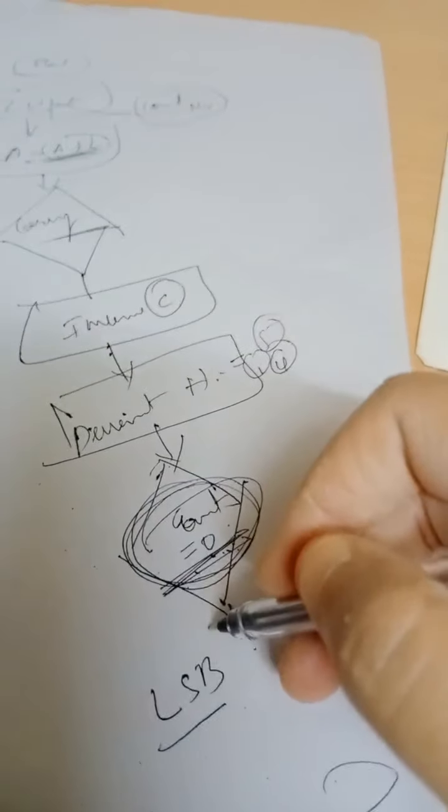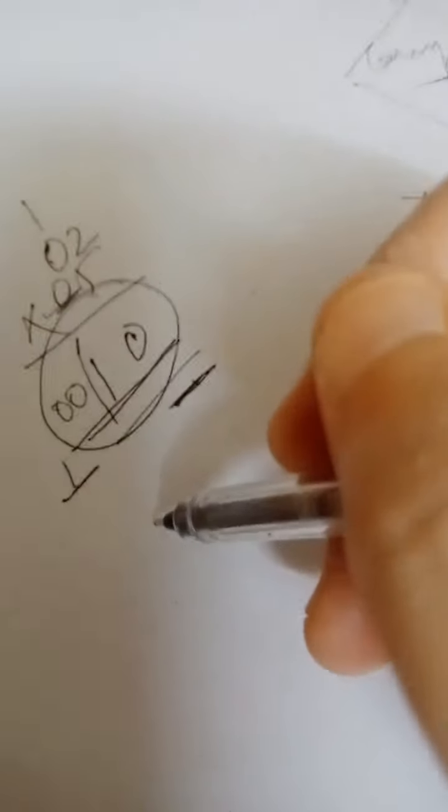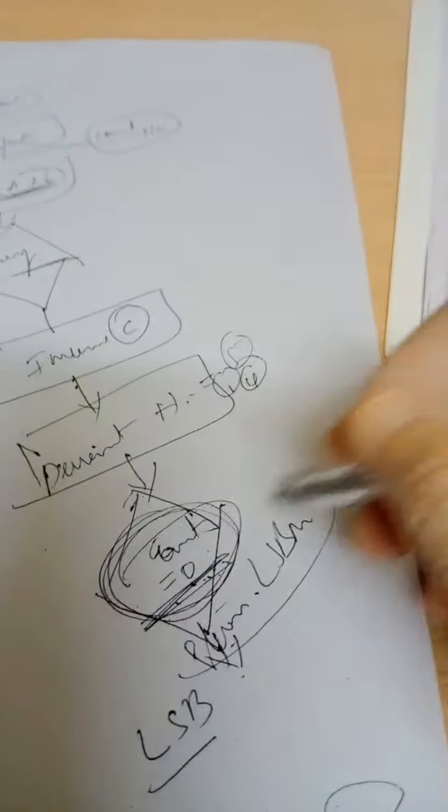The next step is storing the LSB number. LSB number means what? Like this: this is MSB and this is LSB. Now we will be storing the LSB number.